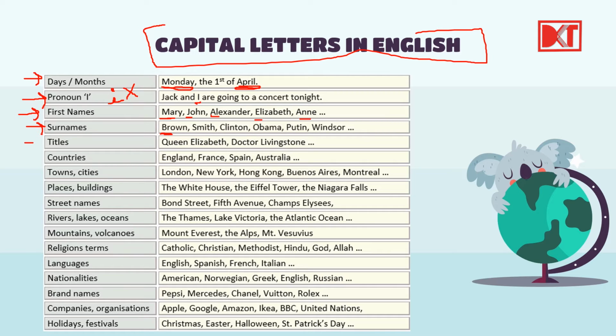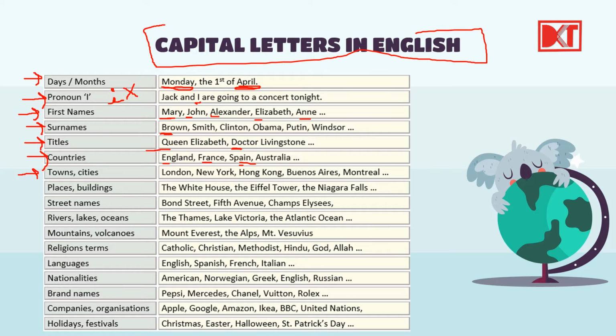Similarly, when we are talking about any titles like Queen, like Doctor, any other profession, Professor, Prince, King, the first letter is capital. Then countries, the first letter is capital. India, Australia, Spain, any country.